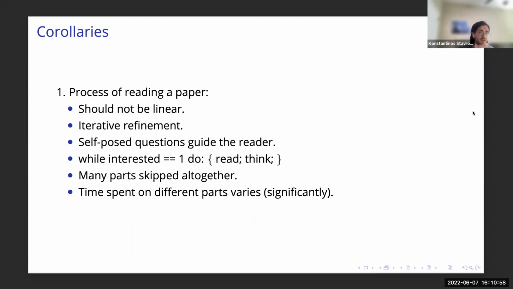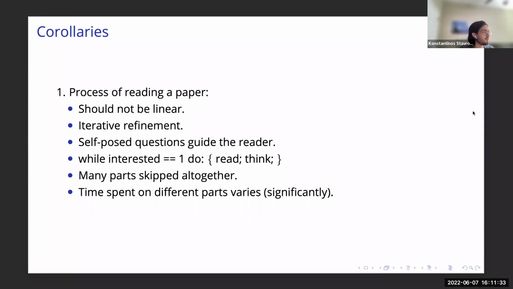So one might want to spend more time on some parts and even skip some other parts altogether. The way that one is guided through the paper is through what they want to get out of the paper. There are some questions that one should have in mind, and then use the paper in order to answer these questions, if the answers are not obvious without reading anything.